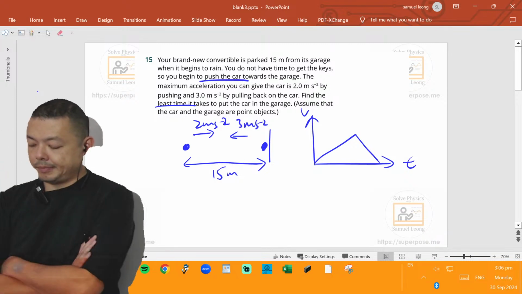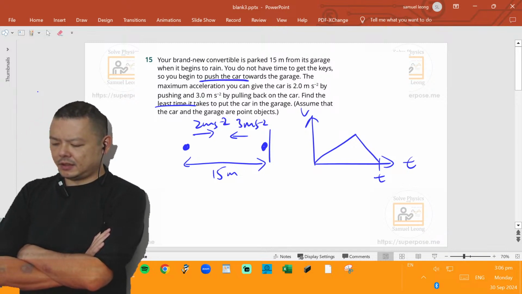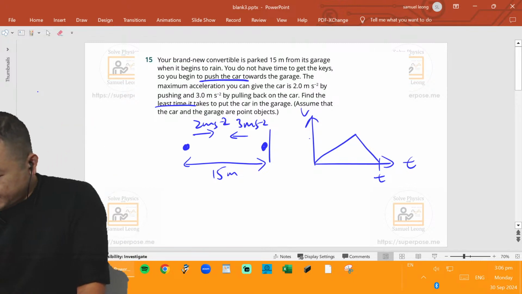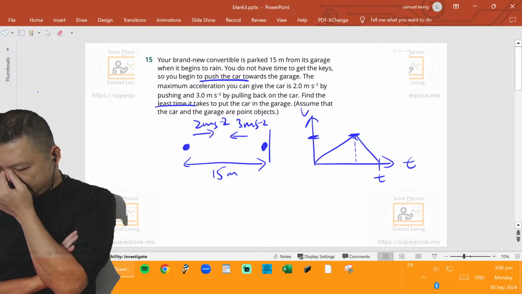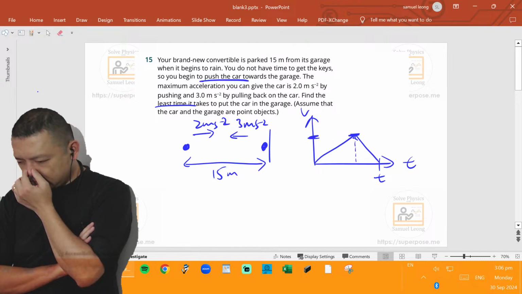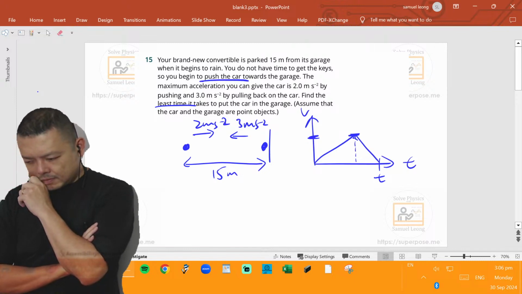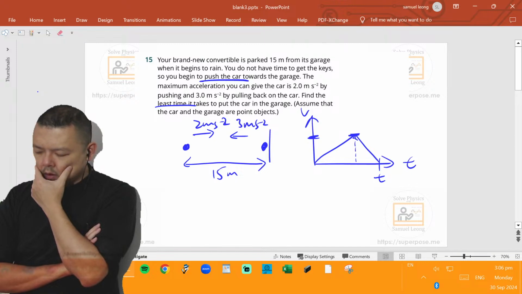And you're supposed to find the t here. If I can find out the top of the triangle here, then... Is it possible to find the top of the triangle?